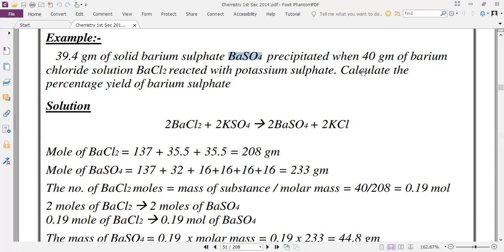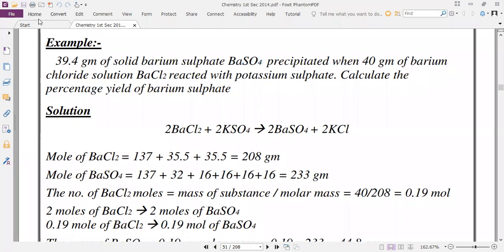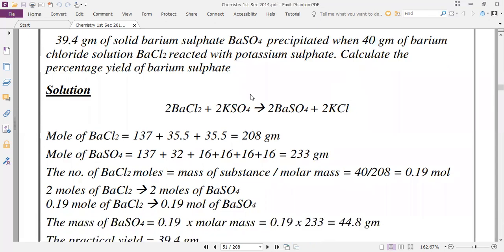And the second known, which is barium chloride, BaCl2, equals 40 grams, right? Right. So we are going to write 2BaCl2 and 2BaSO4.